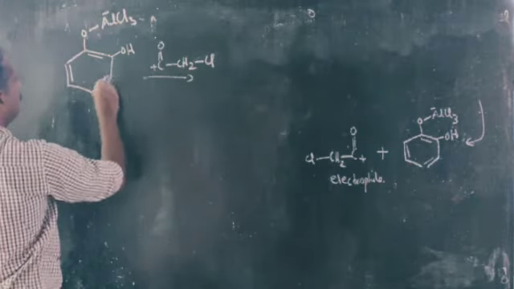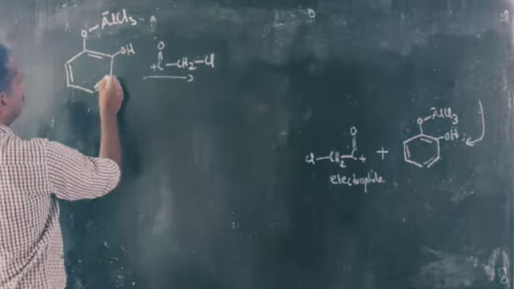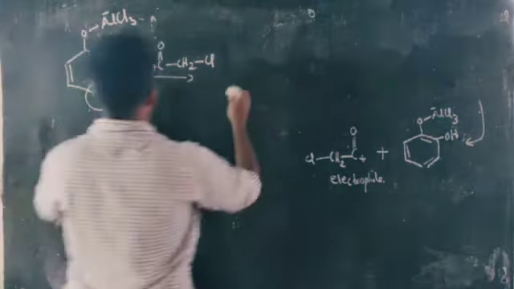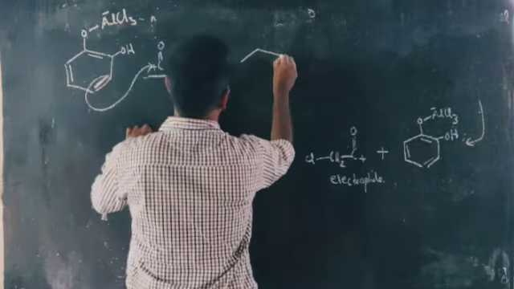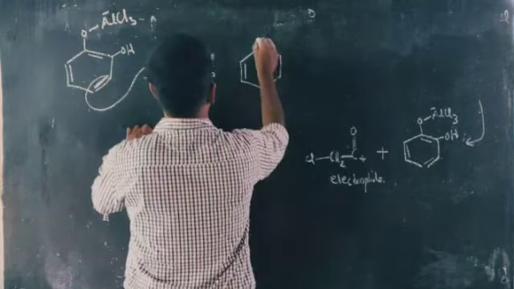Now you can see that this bond is breaking from this carbon, and it is attaching to this electrophile, and we get a structure like this. Look at it here.